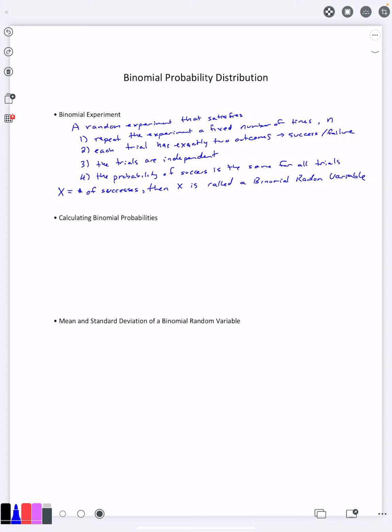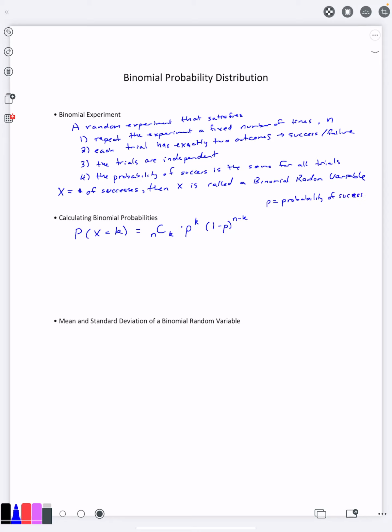It's a little complicated, but the probability that your variable is going to be exactly k, that means you have exactly k successes, is going to be that combination number with the number of trials, the number of successes, times the probability of getting a success to the k power, times 1 minus p to the n minus k. So again, p is the probability of success.